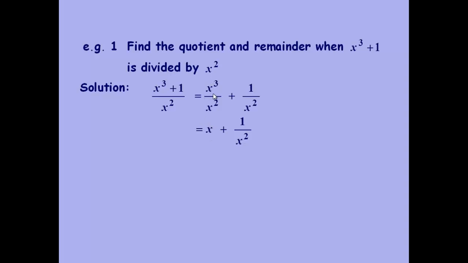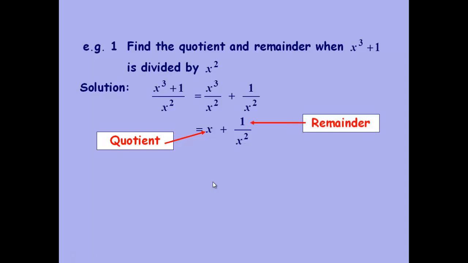It's x times x times x over x times x. So 2 lots of x in the numerator and 2 in the denominator cancel, leaving just x, plus 1 over x squared, where x is the quotient and 1 is the remainder.